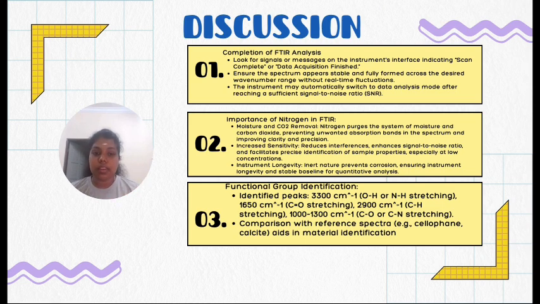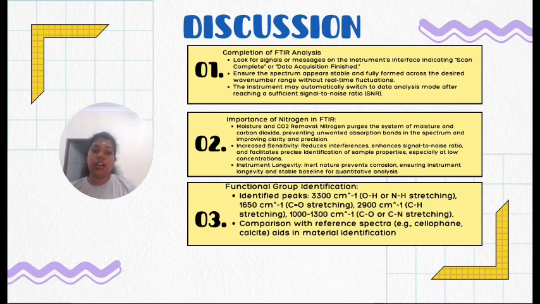It increases sensitivity, reduces interference, ensures the signal to noise ratio, and facilitates precision in identifying the sample properties, especially at lower concentrations. Instrument longevity: an inert nitrogen atmosphere prevents corrosion, ensuring instrument longevity and a stable basis for quantitative analysis.